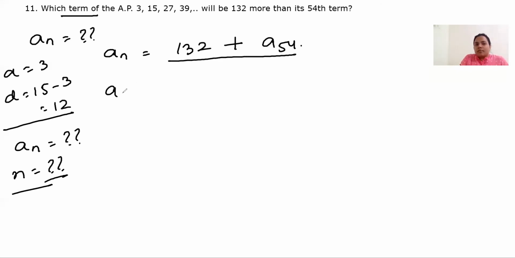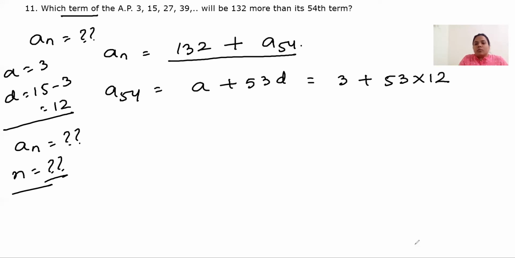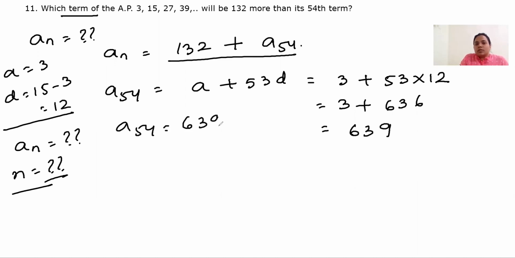So first we'll find A54. A54 is A plus 53D. This is equal to 3 plus 53 multiplied by 12. So this will be equal to 3 plus 636 and this will be equal to 639. It means A54 is equal to 639.